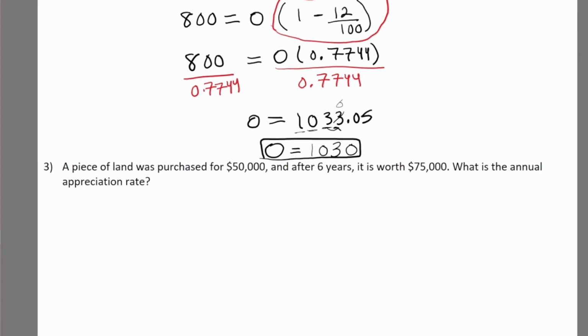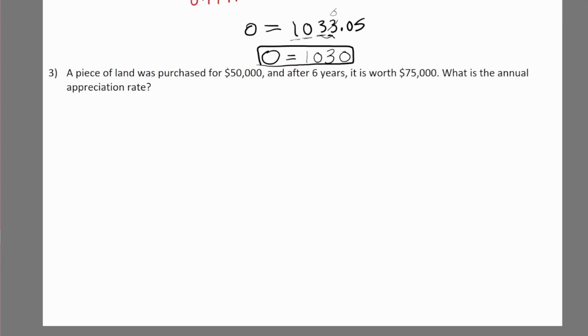All right. Question 3. A piece of land was purchased for 50,000, and after 6 years, it is worth 75,000. What is the annual appreciation rate? So this was the original value when we purchased it, and N is equal to 6 because 6 years passed, and now the new or the current value is $75,000.